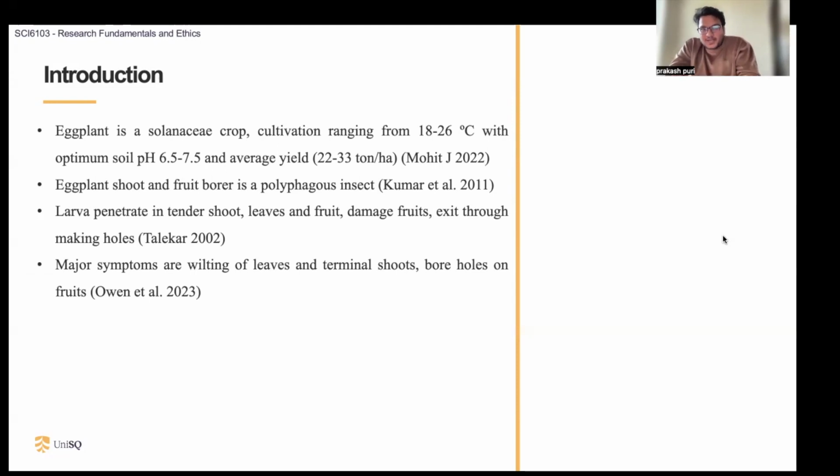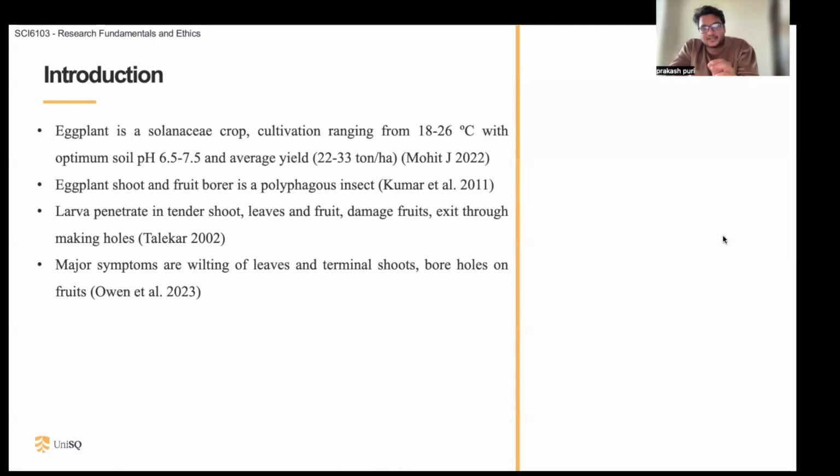The eggplant shoot and fruit borer larva can infest the shoots, fruit, and flowers of the plant. The larva penetrates the tender shoot at the vegetative stage of the plant and damages the shoot, leaves, and flower, and the infested flower cannot produce fruit. At the fruiting stage, shoot infestation does not occur, or if it occurs, it is rare. At the fruiting stage, the larvae attack the fruit of the plant.